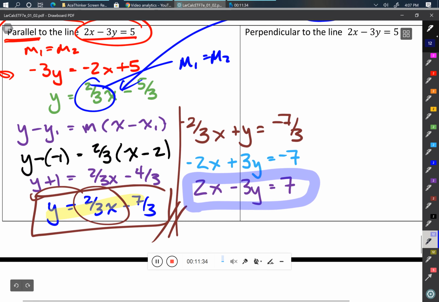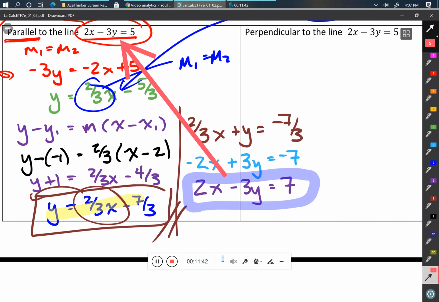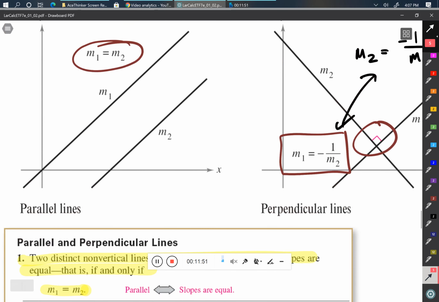Now, some of you may have noticed that we could have shortcut this, because if you look at the original equation, if the lines are parallel, the coefficients of the x and the y are the same. The only thing that changes is the y-intercept. Because when two lines are parallel, the slope is the same. The only thing that is different is where that line crosses the y-axis.